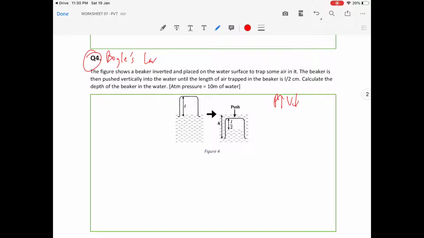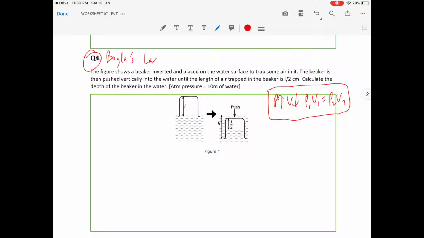So recall Boyle's law's formula states that P1 V1 equals P2 V2. The pressure times the volume in the initial stage equals the pressure at the second stage times the volume at the second stage. Just remember this relationship. This is Boyle's law equation.